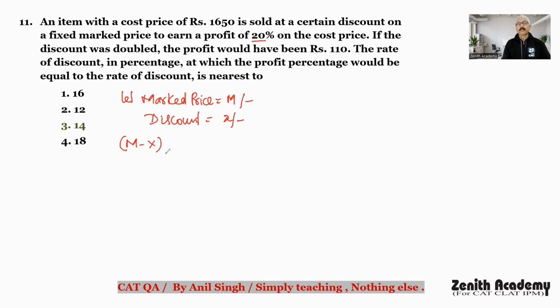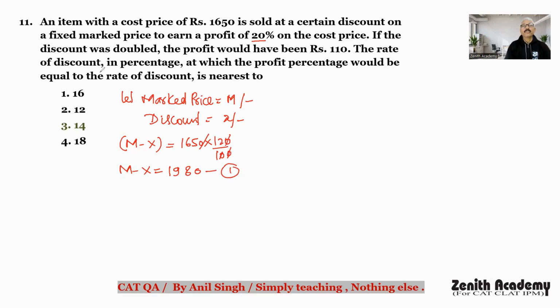So this selling price will be equal to 120% of the cost price. So equation number 1: M minus X is equal to 1980.